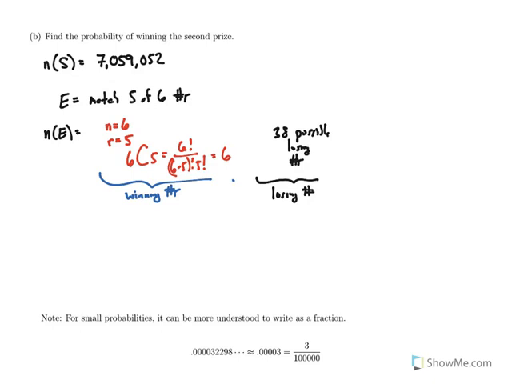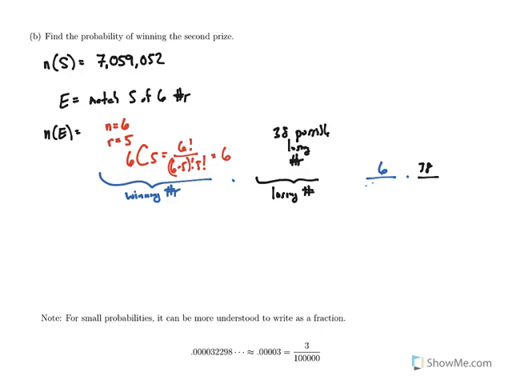So we use the fundamental principle of counting. We have 6 ways to have the winning numbers, times 38 ways to have a losing number. So here, the size of our event is going to be 6 times 38.